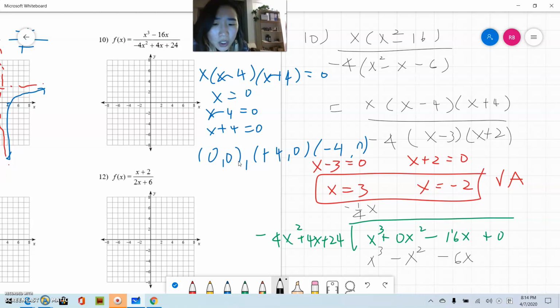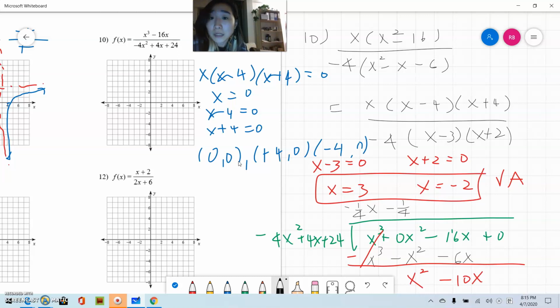And since we are subtracting everything, this goes away. This becomes plus x squared, and then that becomes negative 10x. So then the next, I still need to get rid of negative 4, so I'm going to do negative 1/4 again. And that's all I need.